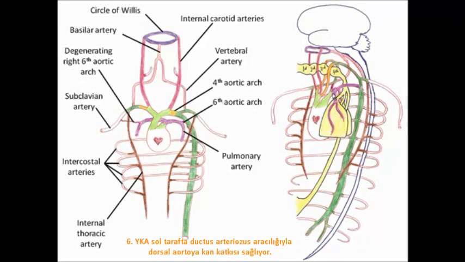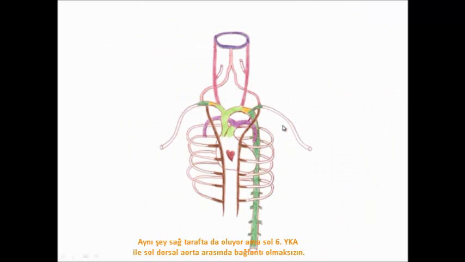Sixth arch on the left contributes to the dorsal aorta as the ductus arteriosus, contributes to the lung as the pulmonary artery, and the same thing is happening on the right, except that the connection between the right sixth arch and the right dorsal aorta is dwindling and will disappear.